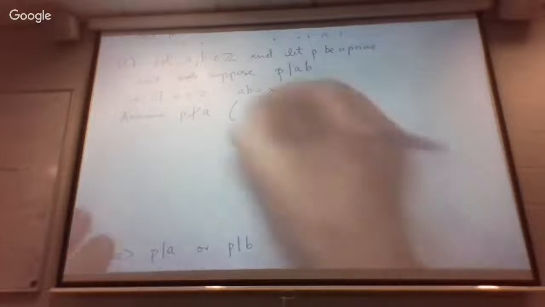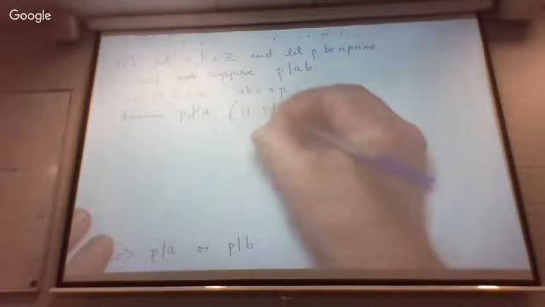Okay, so let's go for it. So we make this extra assumption. We assume P does not divide A, and just in brackets here, we put a little comment to explain the rationale for that.